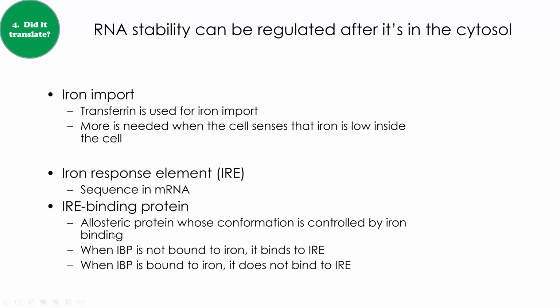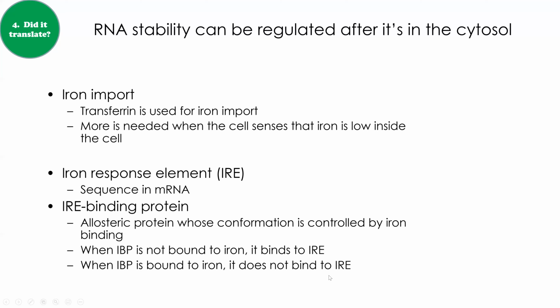Okay, so when the iron response element binding protein is not bound to iron, it's happy to hang out with the iron response element. And again, we'll see a visual of this on the next slide if it seems like a little bit much. Okay, but when iron is around and it's bound to our iron response element binding protein, that protein is uninterested in the iron response element.